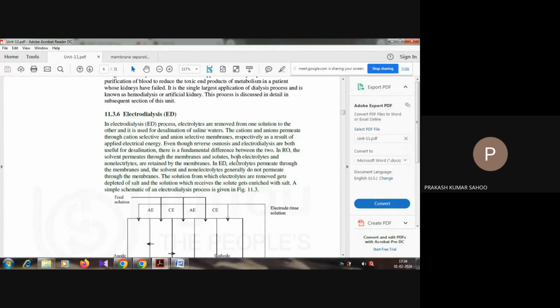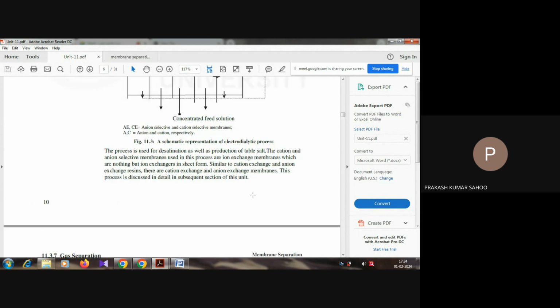The solute may contain an electrolyte part and a non-electrolyte part. So in RO, whether it is electrolyte or non-electrolyte, it is separated from the pure solvent. But in electrodialysis, what happens? The electrolyte part is separated from the solvent, and the non-electrolyte part remains. This is the basic difference between the RO mechanism and the ED mechanism, which is under the application of an electrical field.